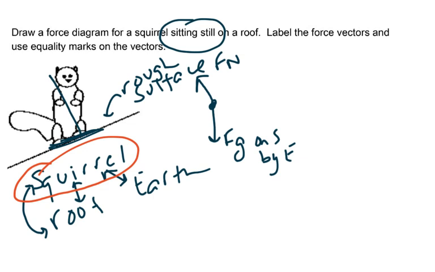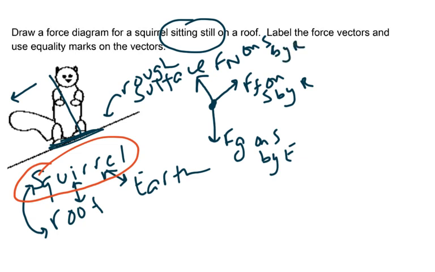If I look at this, I can see that this is tilted to the left, which would mean that the squirrel would tend to slide down the roof, but something must be holding him up. So that is a frictional force on the squirrel by the roof. And I forgot to put the normal force on the squirrel by the roof. So there are two interactions going on with the roof here.